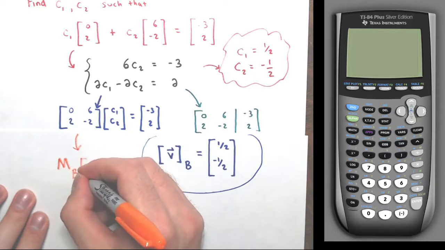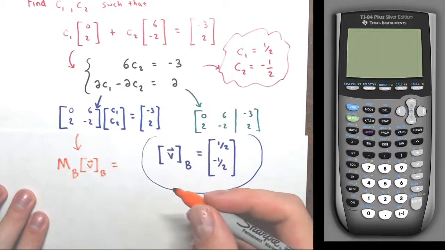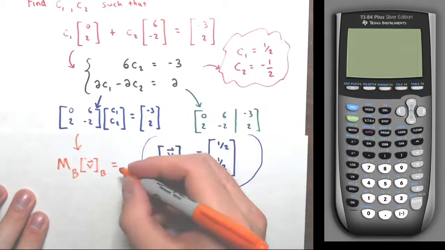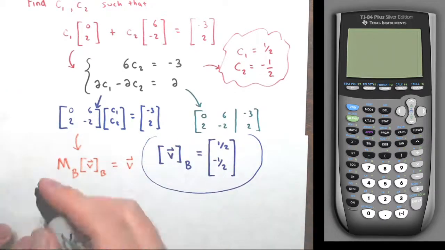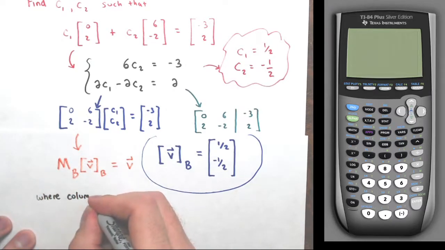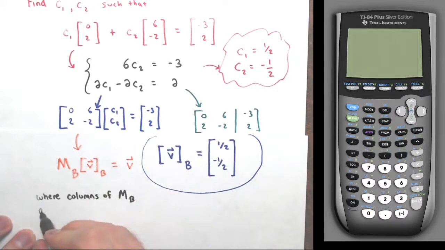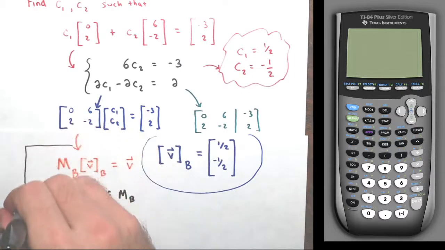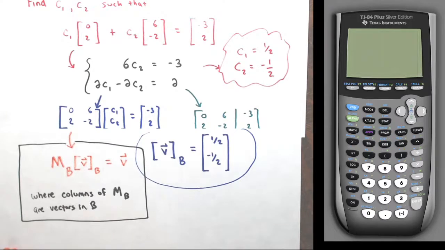So M sub B times the coordinate vector for V with respect to B is equal to this vector V over here, where the columns of M sub B are the vectors in B.